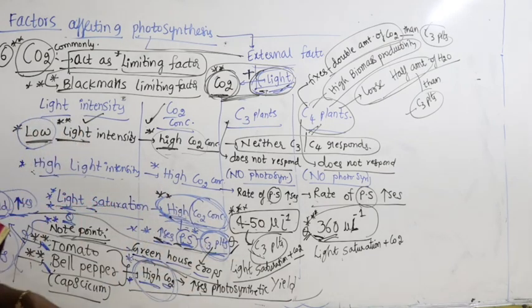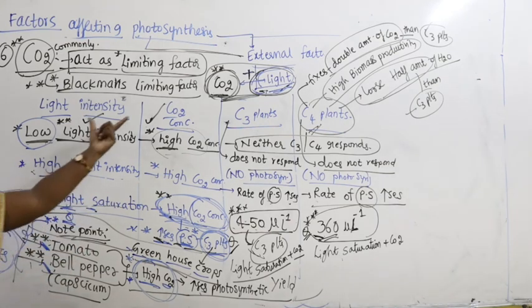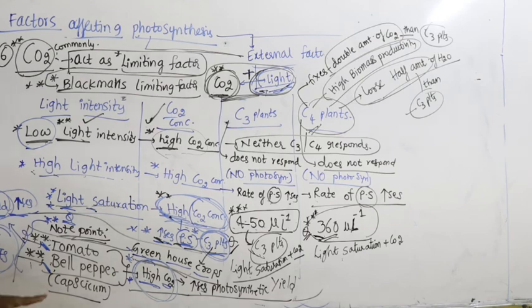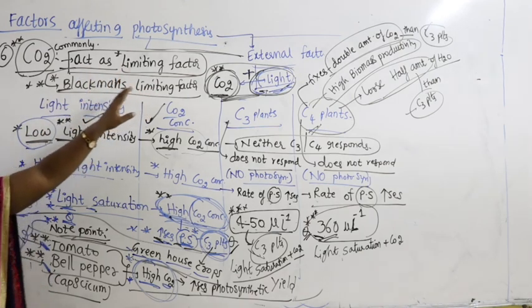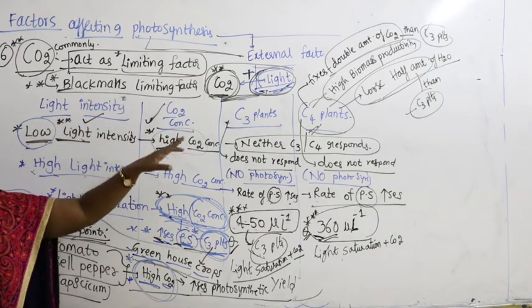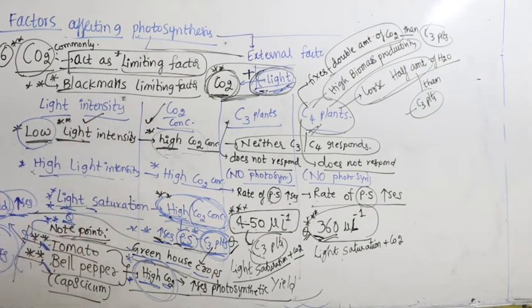Of course, if other external factors like oxygen, water and mineral elements are favorable, then only these two act as the major factors for photosynthesis to happen. Carbon dioxide acting as a limiting factor was studied and identified by Blackman. He gave the concept called Blackman's limiting factor. We will come back to this point later at the end of photosynthesis.